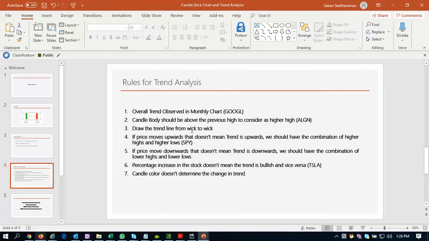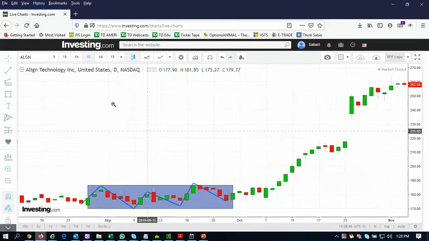Draw the trend line from wick to wick. I already explained that. If prices move upward, that doesn't mean the trend is upward. We should have the combination of higher highs and higher lows, explained in SPY.